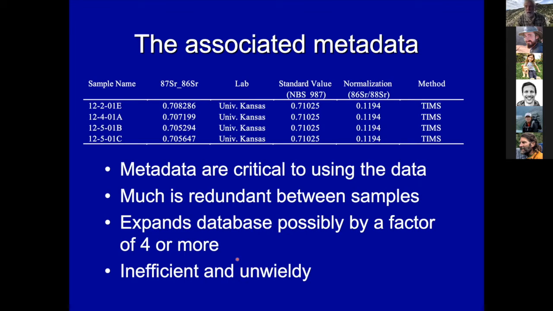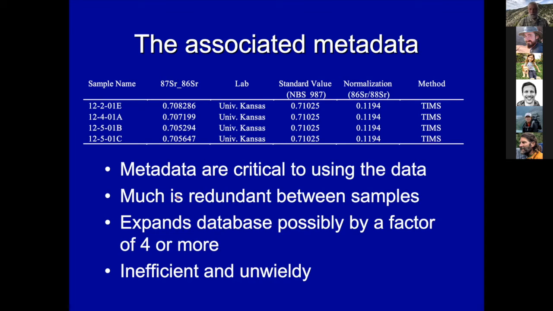And part of that breakup is thinking about what the metadata are. So you have this data value and sample name, and that was in the previous table. But what you want to be able to do then is say, okay, 708.286, what does that mean? So then you need some information about standards, normalizations, and methods. So this is the metadata that's really critical to understanding how the data works.